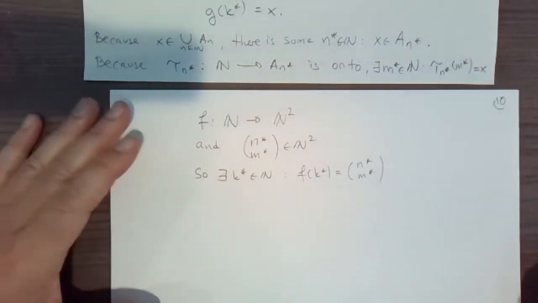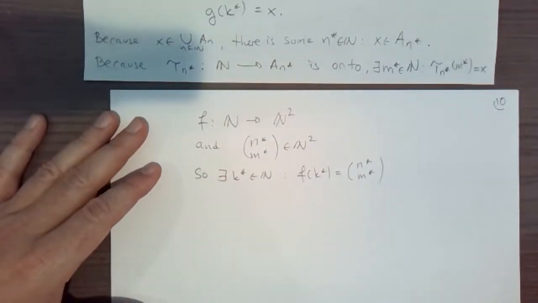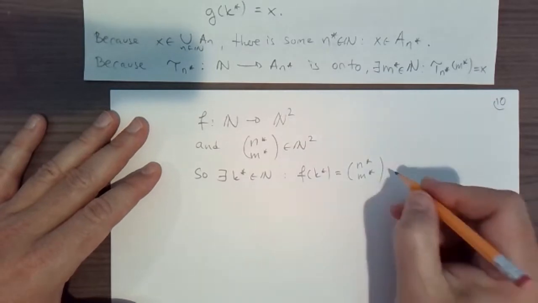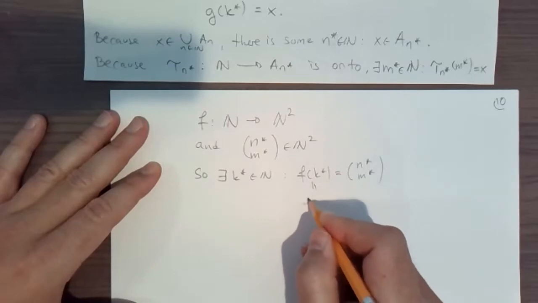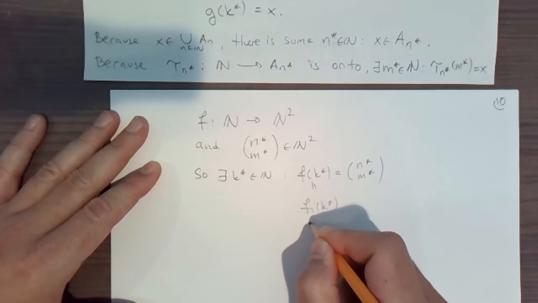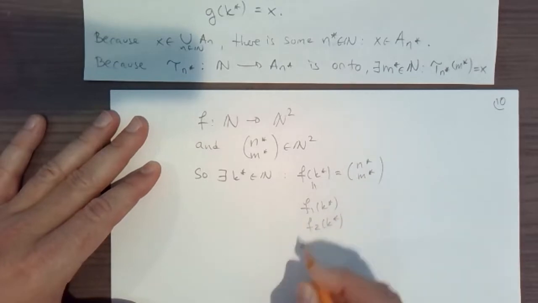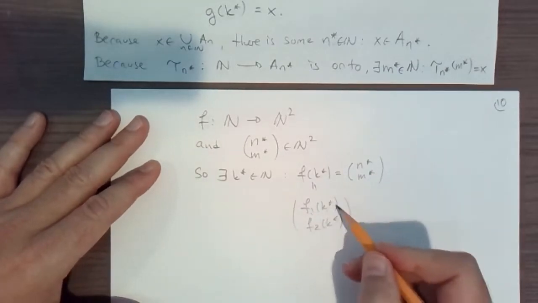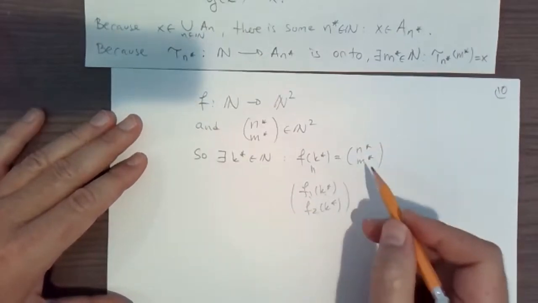And then I'm done, because f of k star is equal to f1 of k star, f2 of k star. So I have f1 of k star is n star, f2 of k star is m star.